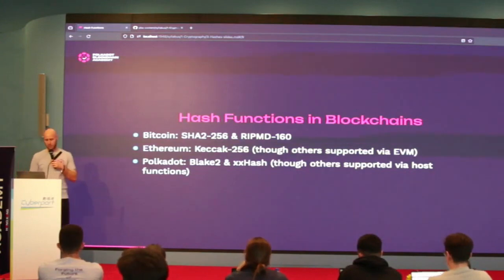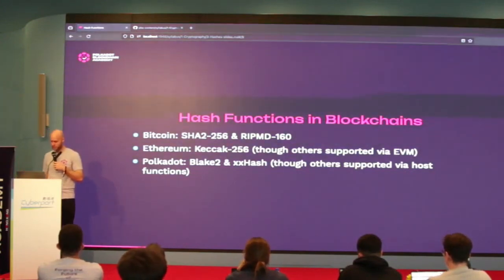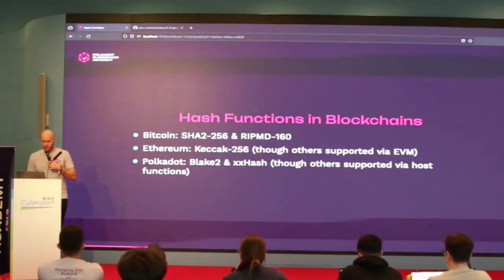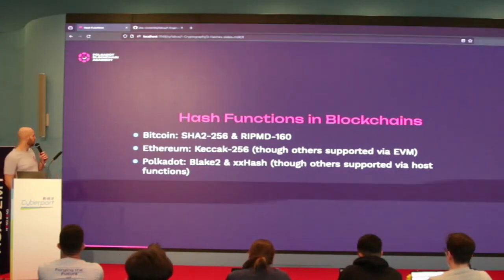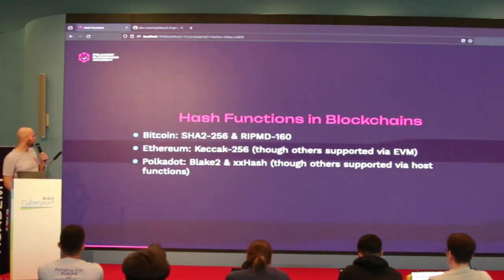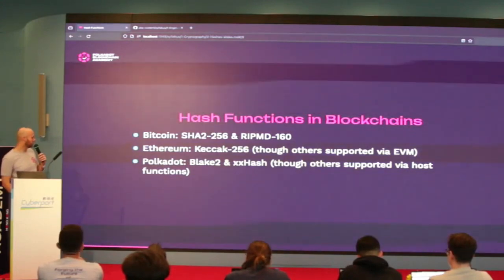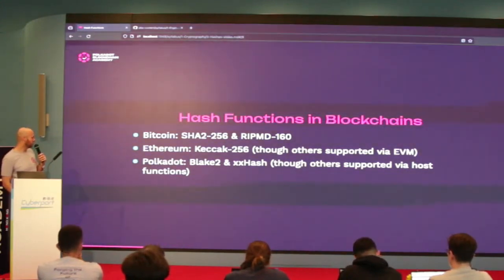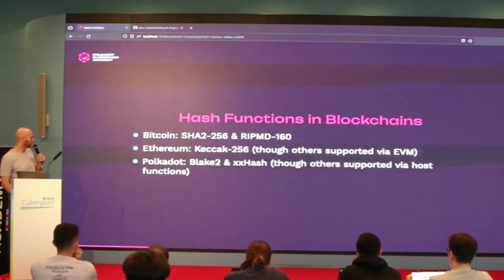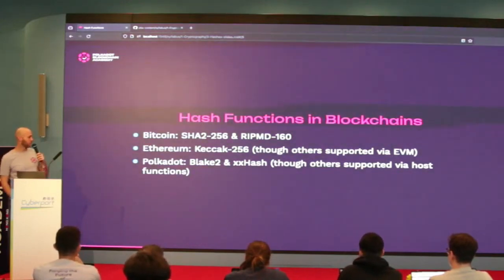Hash functions in blockchains. Okay, I guess I gave away the answer, or I guess we knew the answer there. We do use RIPEMD-160 in Bitcoin as well, Ethereum uses Keccak, but they support some other ones.